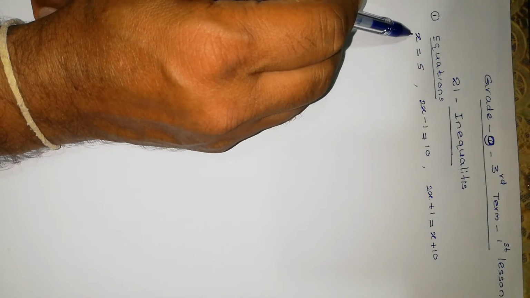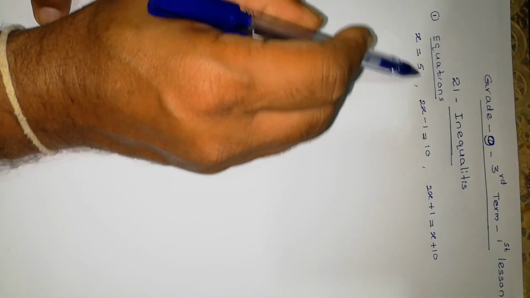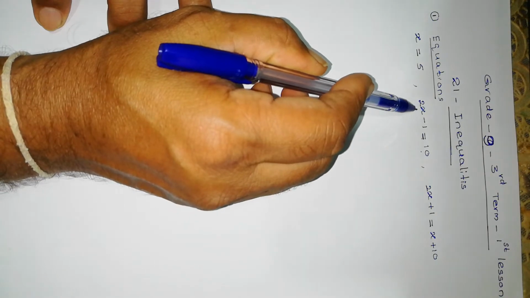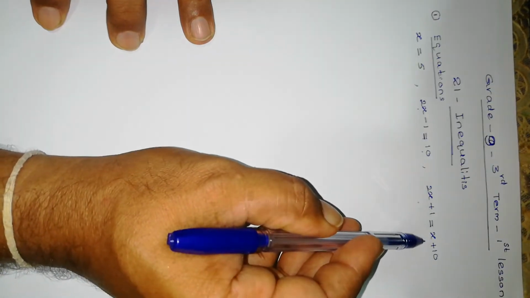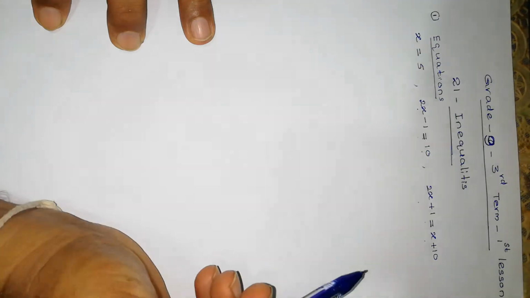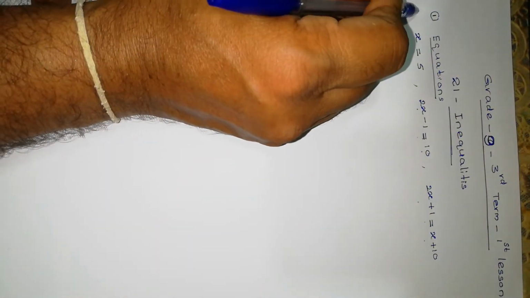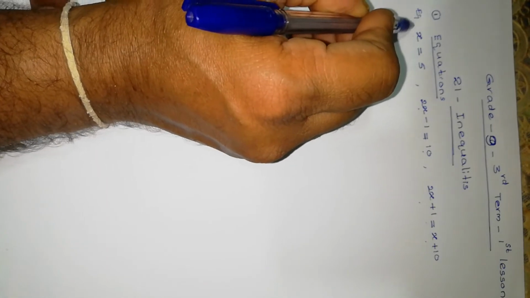To build up an equation, you have to join two terms, or a term and an expression, or two expressions using an equal sign. These are examples for equations.